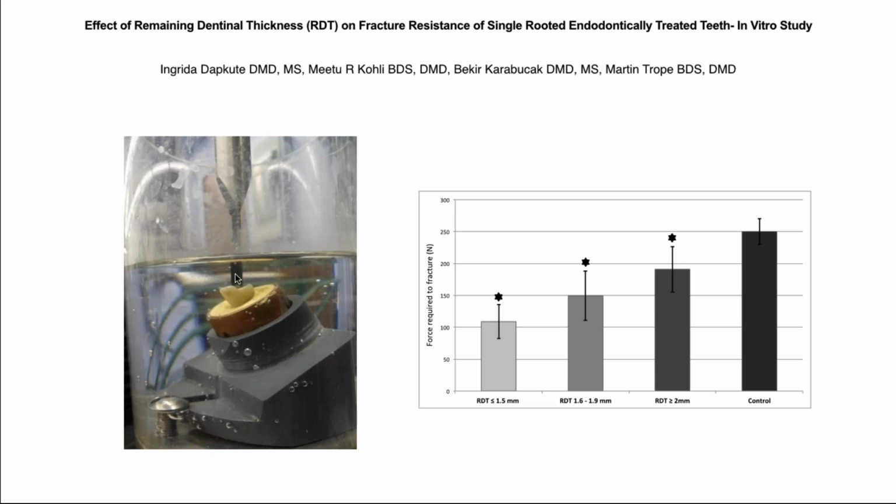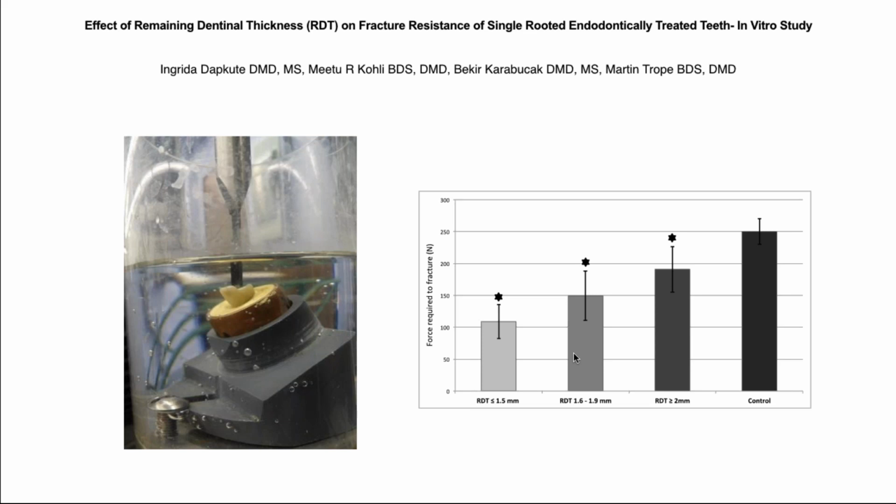You'll notice that everything is done under water these days because hydrated teeth act completely different from dry teeth. And as you see, as the remaining dentin thickness decreases, in other words, bigger taper, the tooth is less strong.